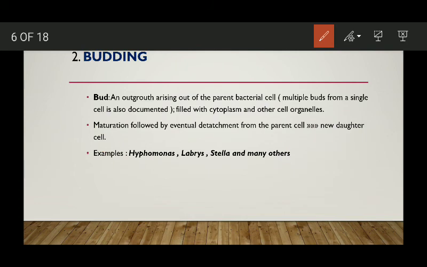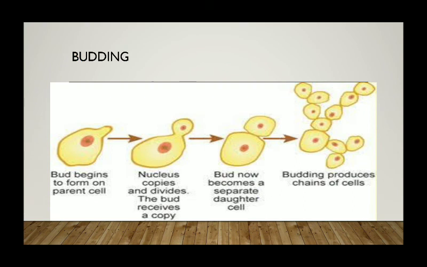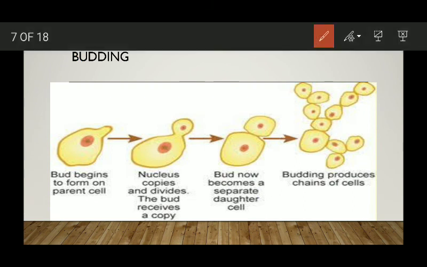Now, examples of bacteria which undergo budding include Hyphomonas, Rhodomicrobium, Stella, and many other bacteria. Here you can see the diagrammatic representation of the process of budding in bacteria. This is the parental cell, and it initiates the formation of a bud here. Then this bud increases in size and the nuclear material and cytoplasmic contents start migrating to the bud.